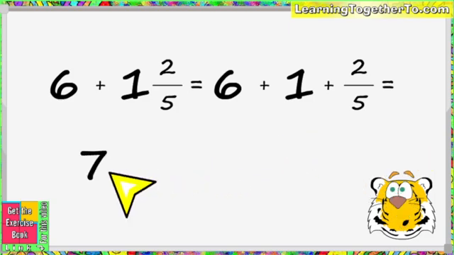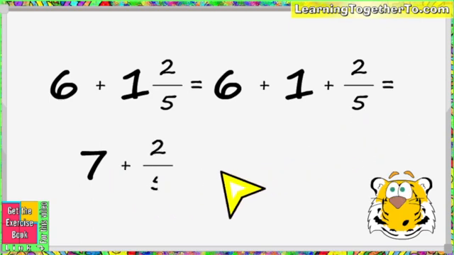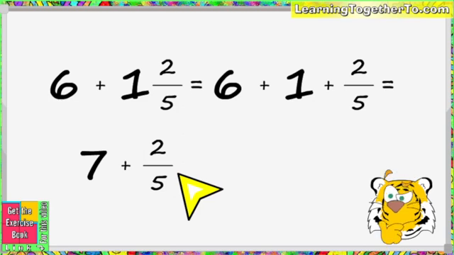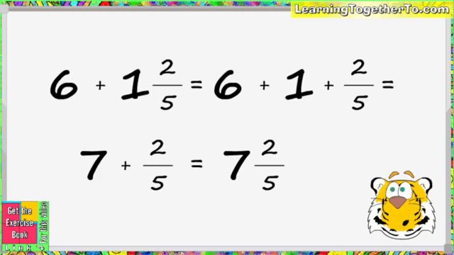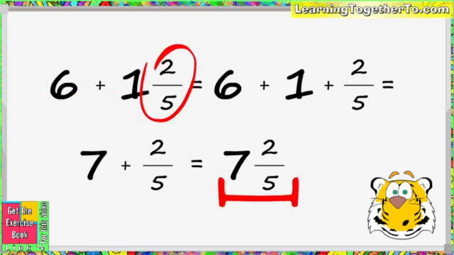Tim, let's remember the plus 2/5. 7 plus 2/5 can be expressed as 7 and 2/5. Excellent, Tim. That's our answer. Tim, if you look closely, what we did was simply add the whole numbers and keep the fraction. Tim, I think you've got it.